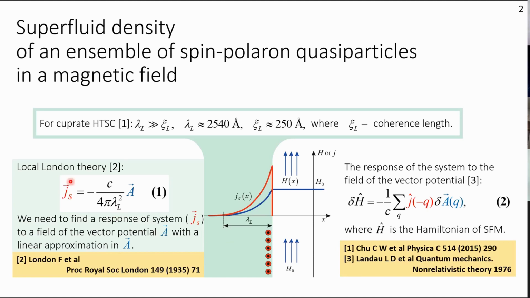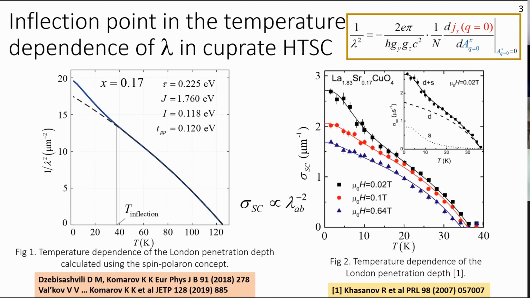The relation between superfluid density and vector potential can be obtained by varying the Hamiltonian of the Spin-Fermion model in the field of the vector potential. So, using the Zwanzig-Mori projection technique, we find a consistent solution of the system of equations to determine the needed correlation function.